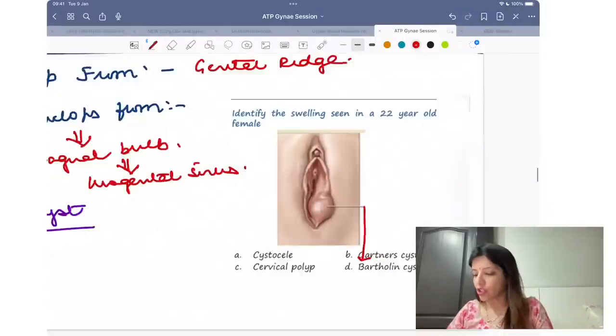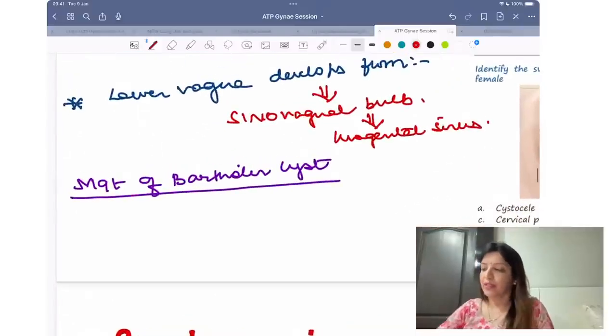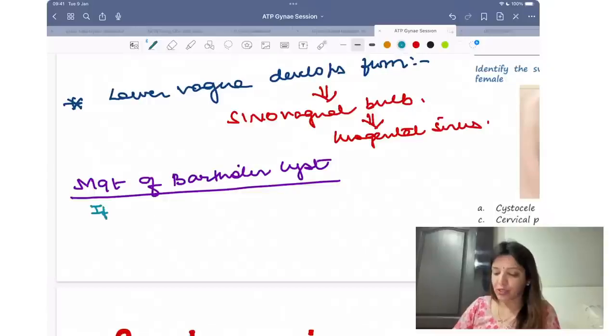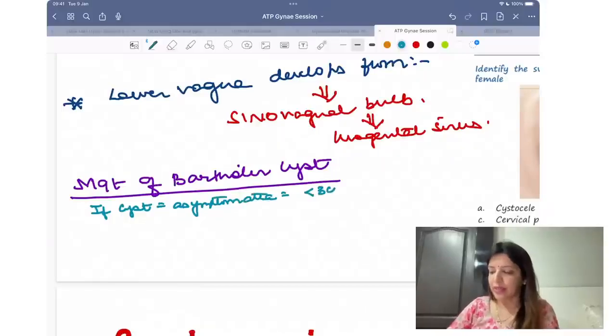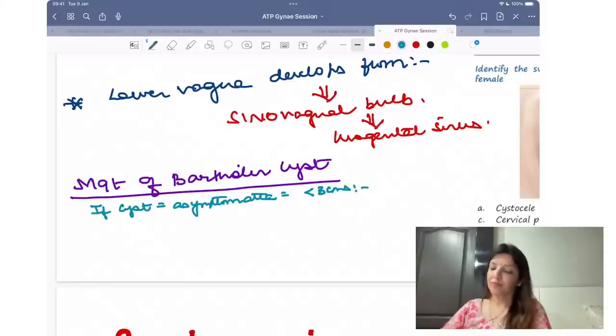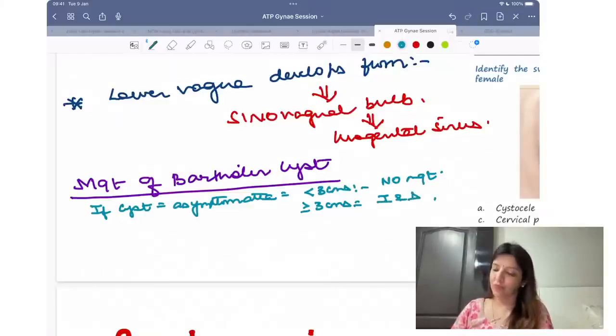Management of Bartholin cyst: if the cyst is asymptomatic and less than 3 centimeters, no management, it will be managed conservatively. If it is more than or equal to 3 centimeters, incision and drainage.